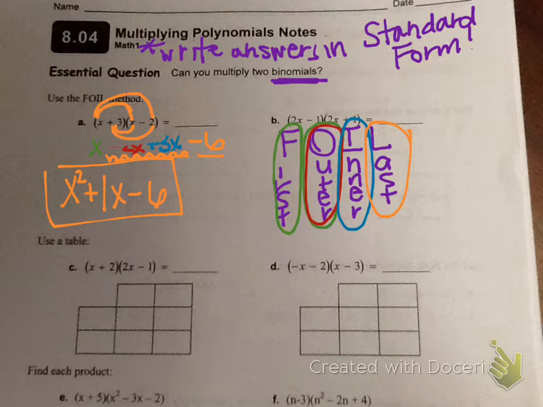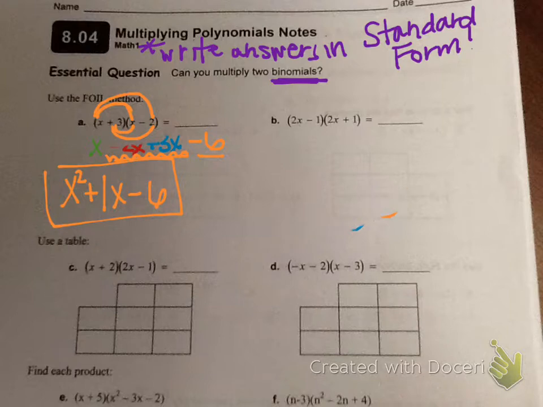Alright, let's look at this one using FOIL. I'm going to use the rainbows this time again. So first times first, 2x times 2x is 4x squared. And then we have outer, so outside edge to outside edge, 2x times 1. Then we have inner.